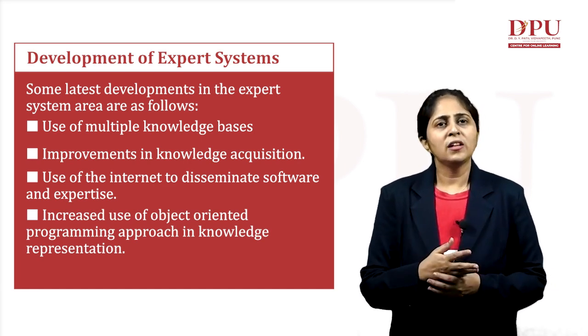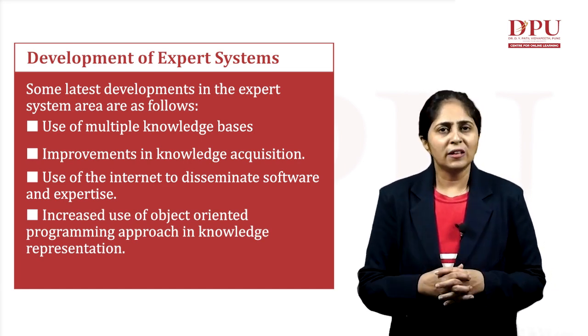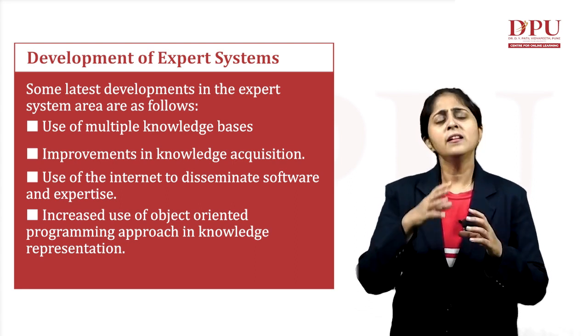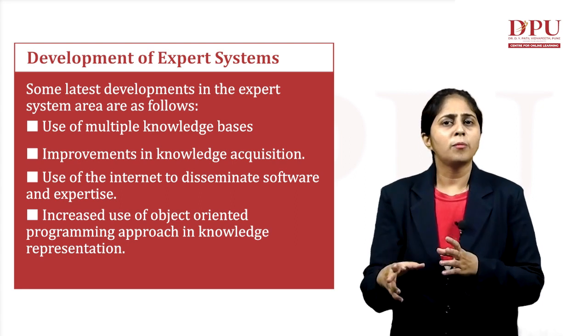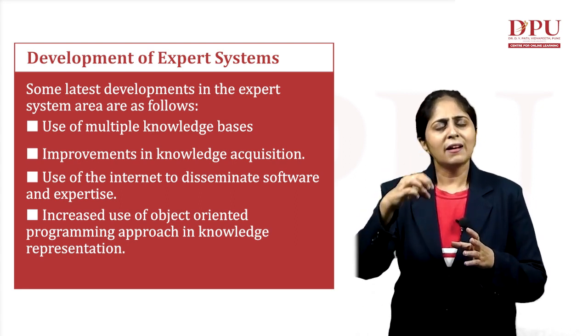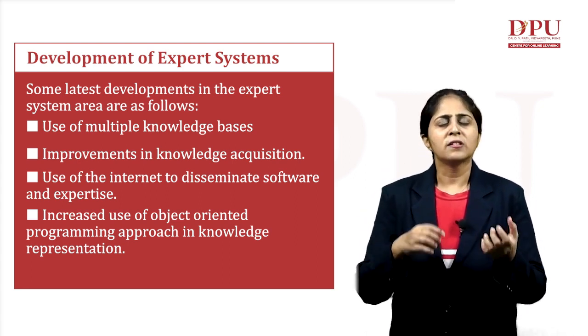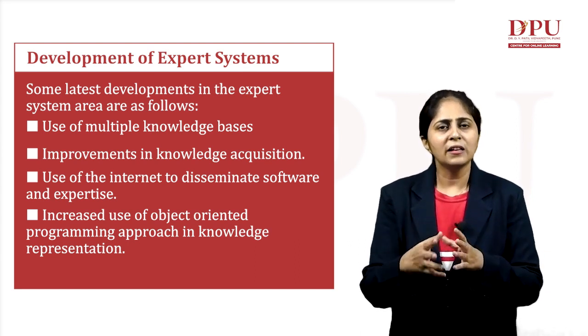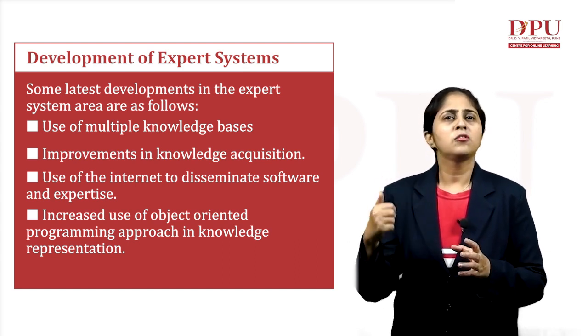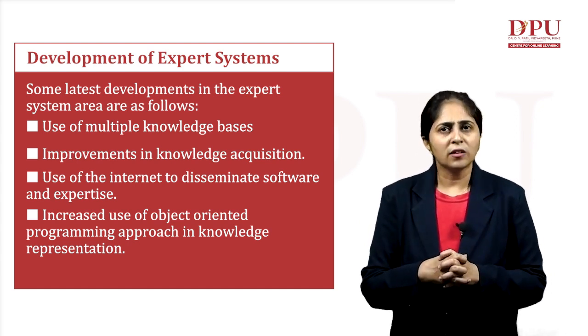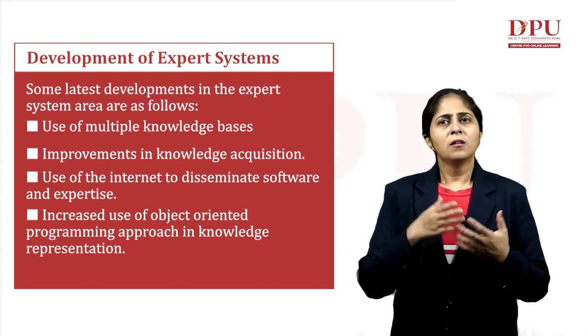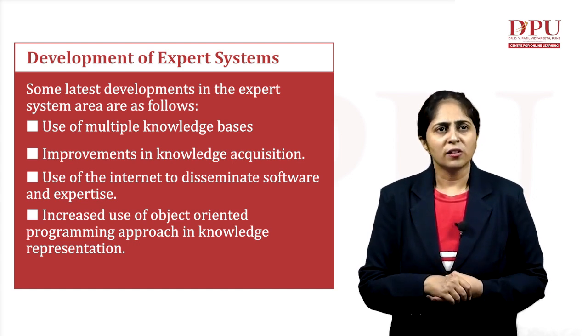Today, for representing knowledge we use the object-oriented approach, where we divide things into certain objects and derive attributes of those objects, and by understanding those attributes we can reach conclusions.